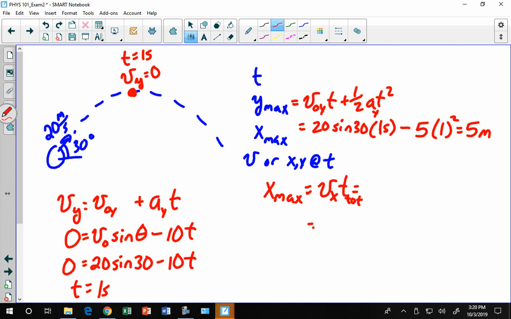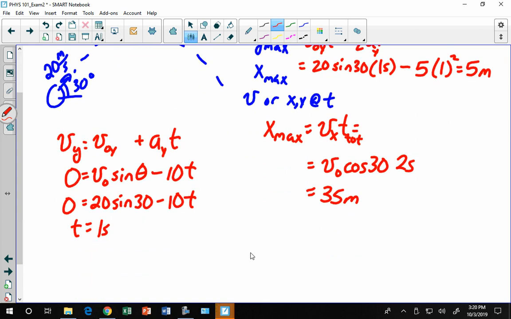And so this is going to be V naught cosine of 30 times 2 seconds. So that's equal to 20 cosine 30. I get 35. Okay, so I'll ask you one or both of those questions.